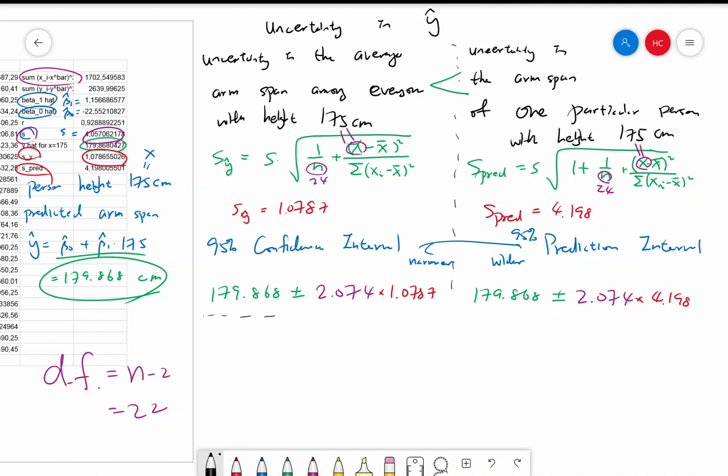Here's a small note regarding these intervals. You notice the term x appears in the uncertainty. More precisely, the term (x minus x bar) squared appears in the uncertainty.